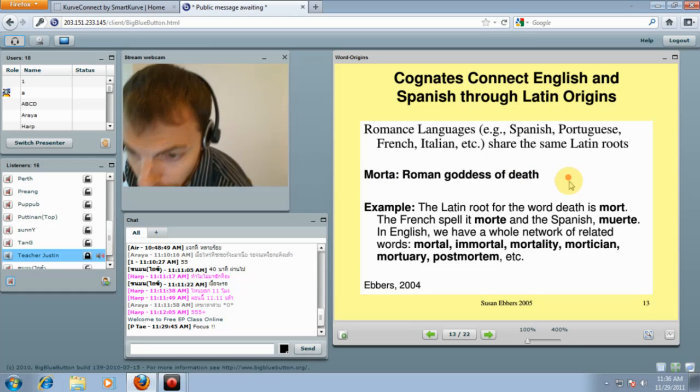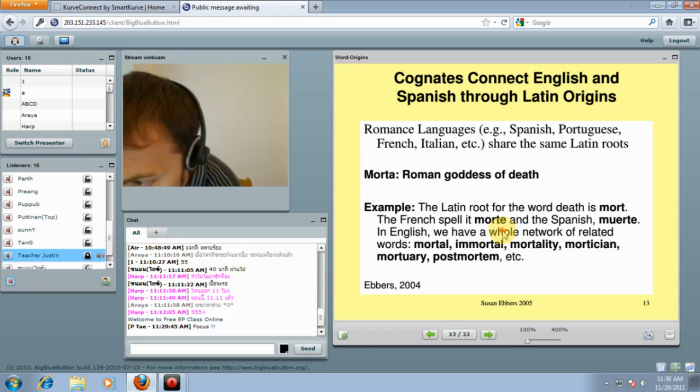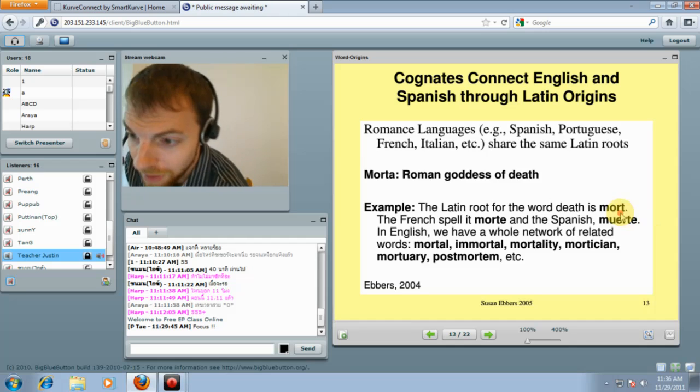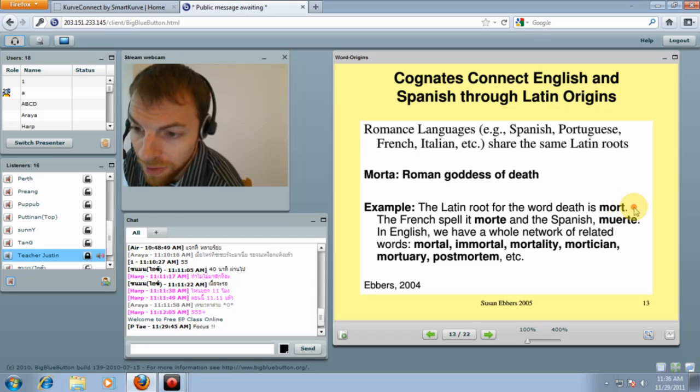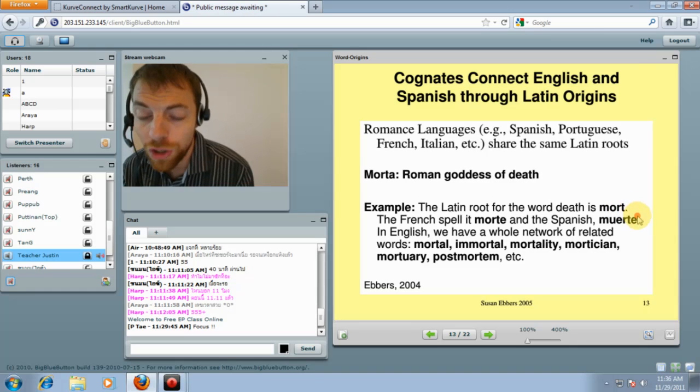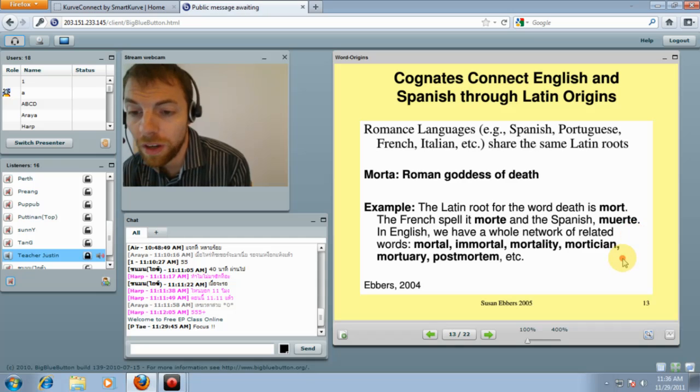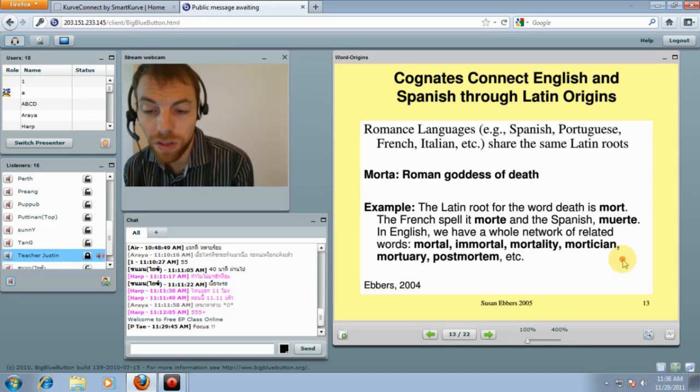So for example here, the Latin root in the word here is M-O-R-T, and the French spell it M-O-R-T-E, and the Spanish M-U-E-R-T-E. These are all the words for death, and we also in English use the M-O-R-T to talk about someone who works with death.